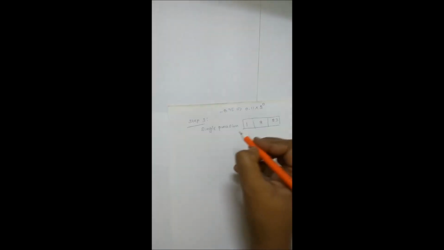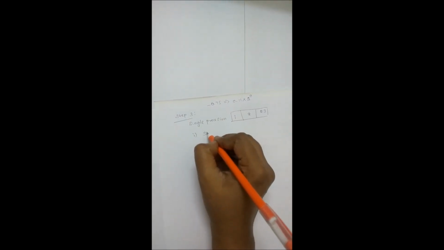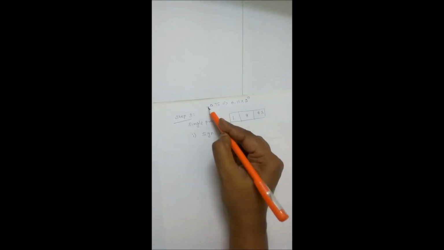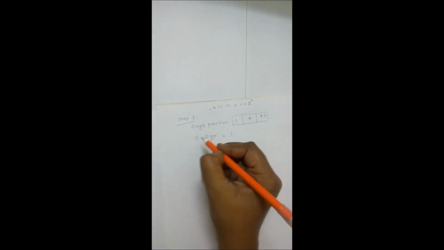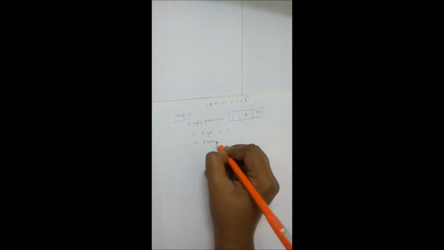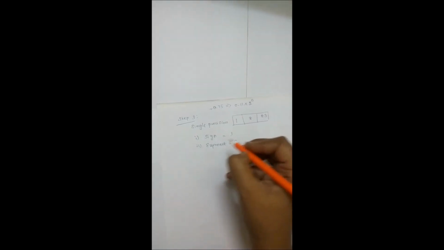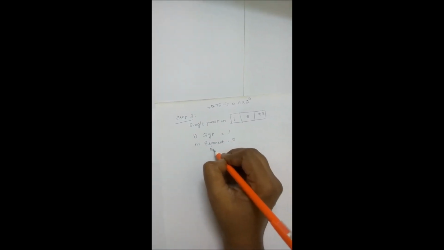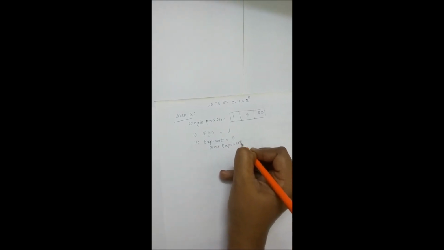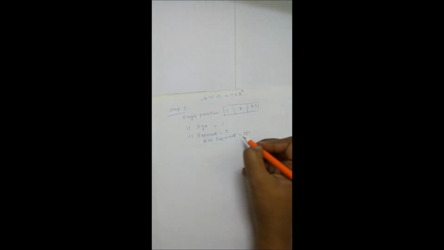For the negative number we have to calculate three values. The first one is the sign bit. The sign bit is 1 because it is a negative number. The next one is the exponent. The exponent value is 0, but by default we have the bias exponent, and the bias value is 127.